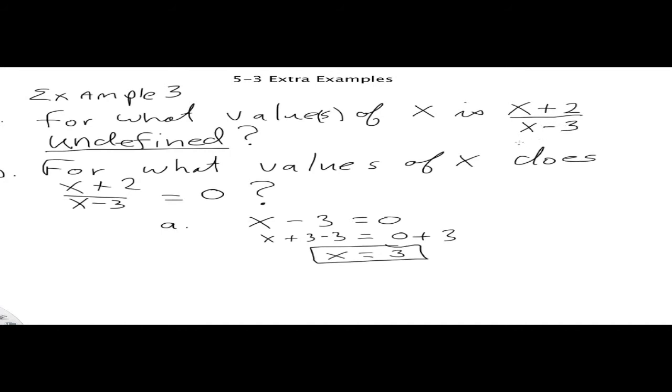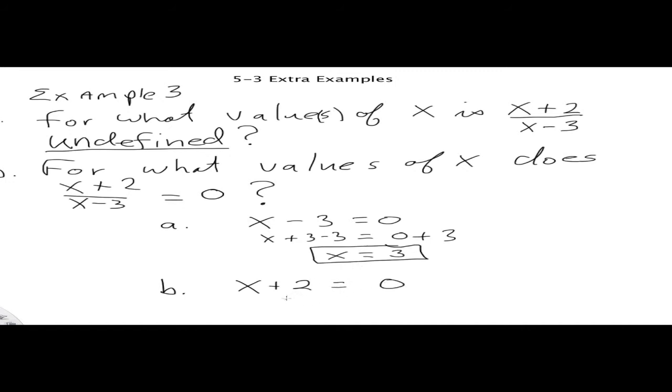Now that's different from the question of for what values of x does x plus 2 over x minus 3 equal 0? Well, that's only true if the numerator equals 0. So for part B, here we want to find out for x plus 2 equals 0, what does x equal?